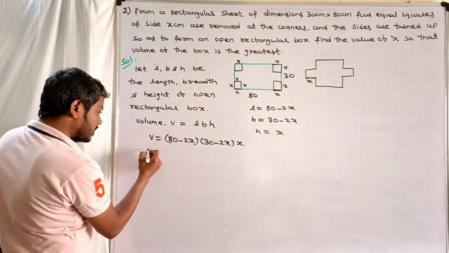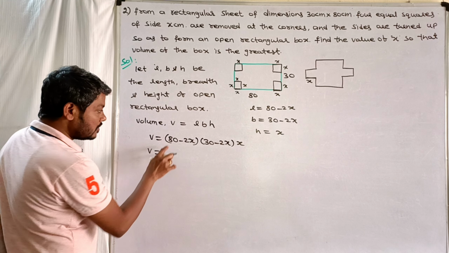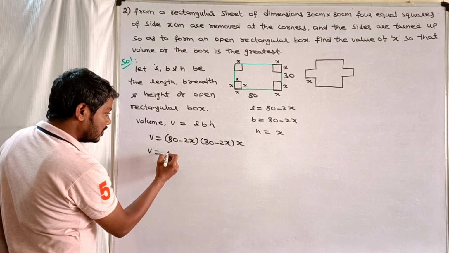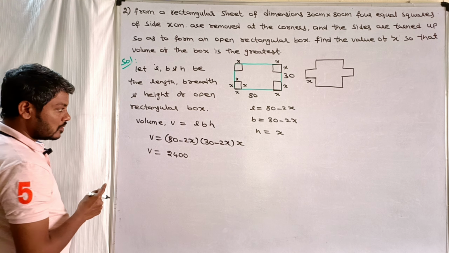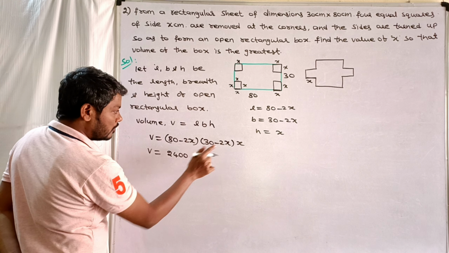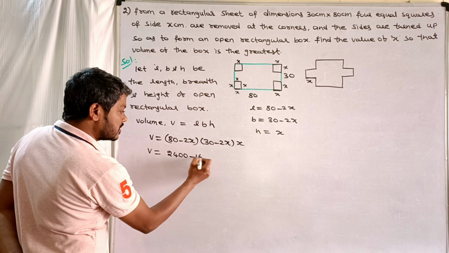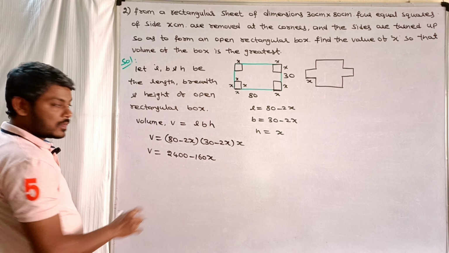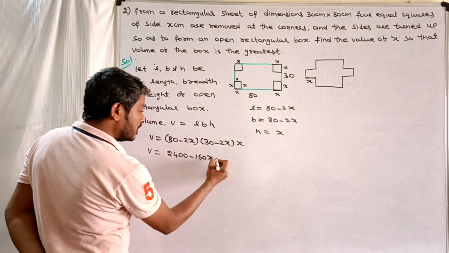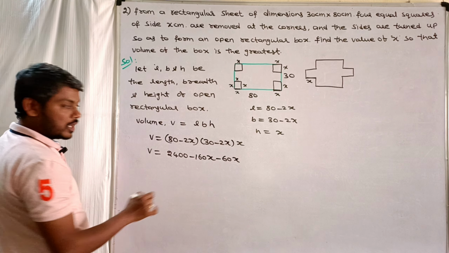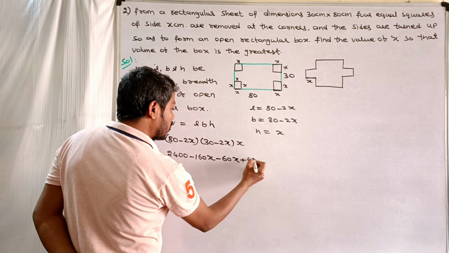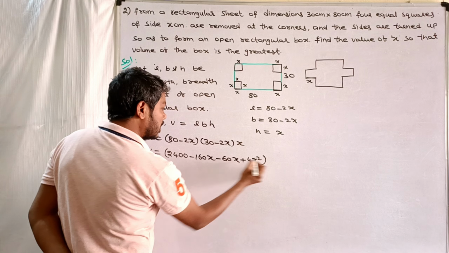So multiplying, V is equal to 80 into 30, that is 2400. Next, 80 into minus 2x, minus 160x. Next, 2x into 30, minus 60x. Minus 2x into minus 2x, that is plus 4x square, into x.